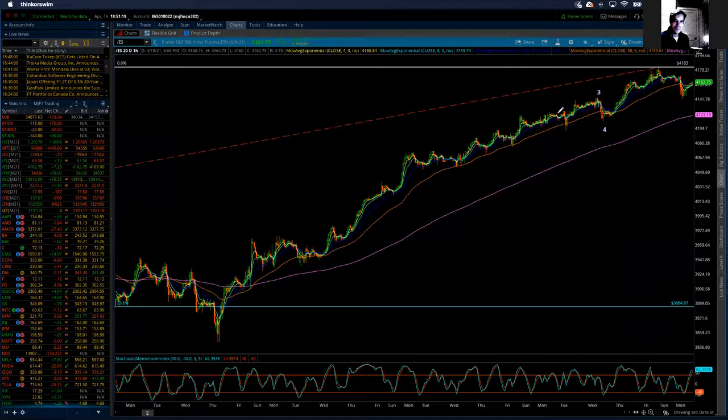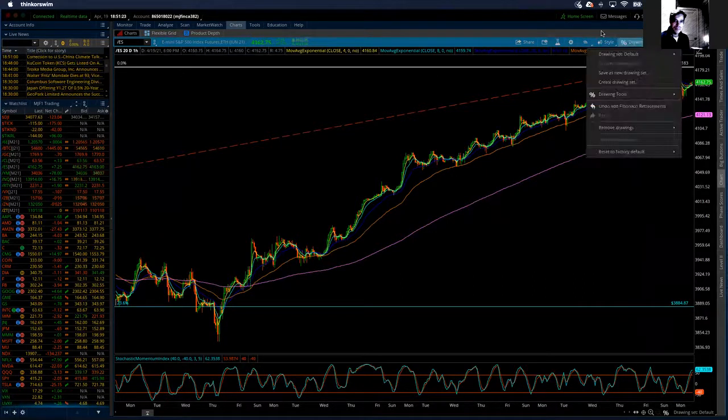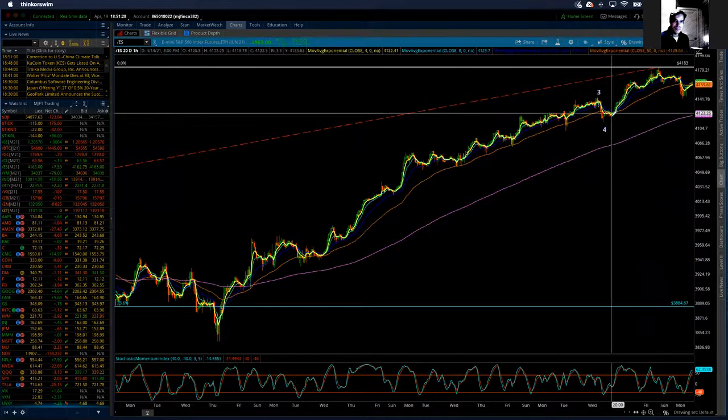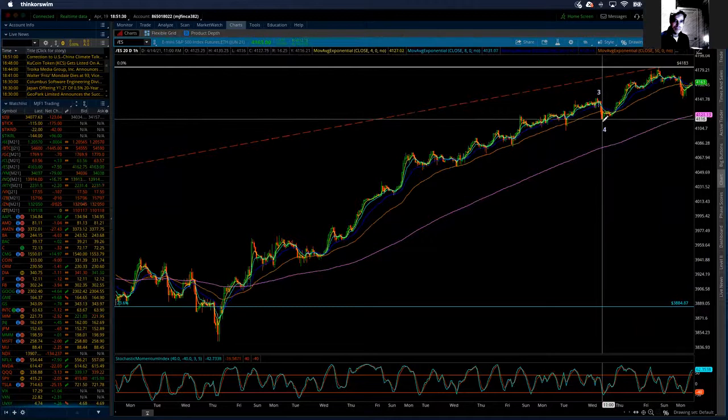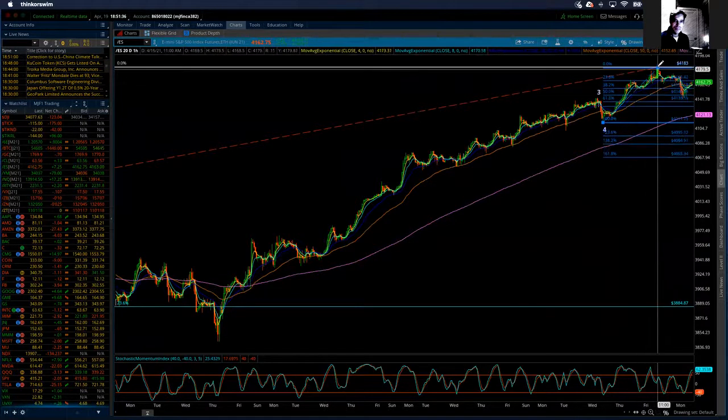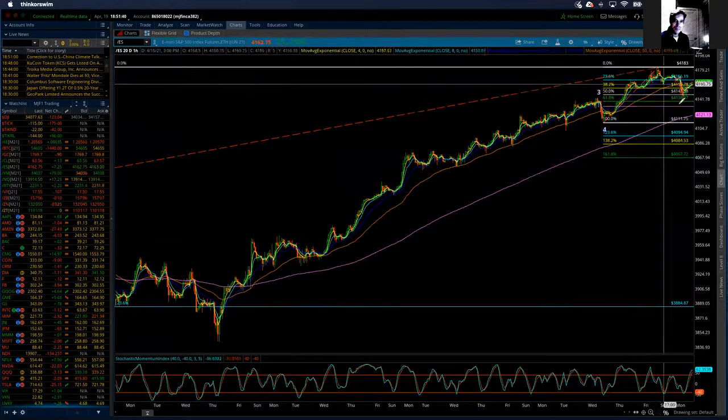Now, conversely, if indeed this was just wave 1 and we're looking for wave 2, now we're going to run a little bit different Fibonacci. Now we're going to just run it from the bottom or the start of wave 1 up to the top of wave 1. Now it has come down.